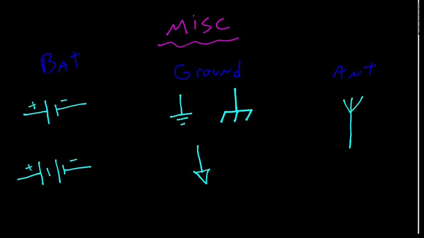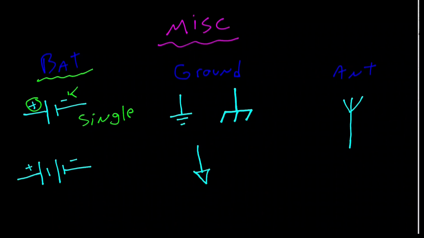And let's complete the presentation with a review of some miscellaneous schematic diagrams. So for this, on the far left, let's review the battery. This is a single cell battery, which is represented by a negative terminal on the smaller side and a positive terminal on the larger side.